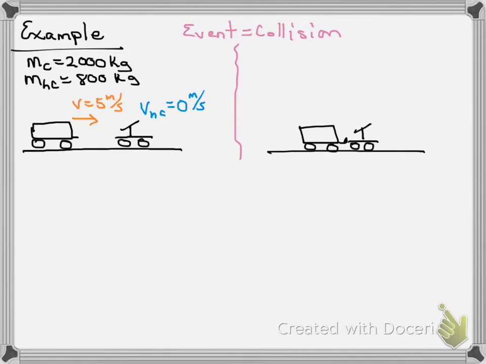But after the collision, instead of moving off separately the way the golf ball and the golf club did, these things are actually going to stick together. If you've ever seen train cars collide, you know that they have these devices that connect them to one another. So the train car and the hand cart are going to be stuck together after the collision. This means that after the collision, they're going to have to move with the same velocity.